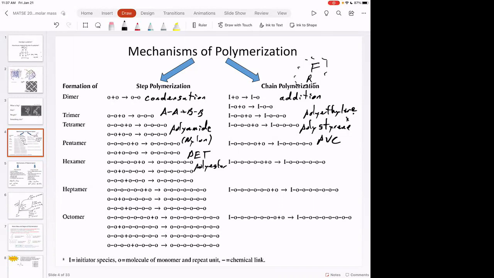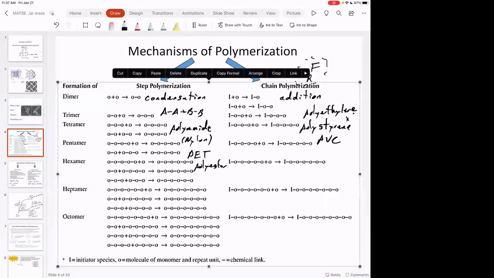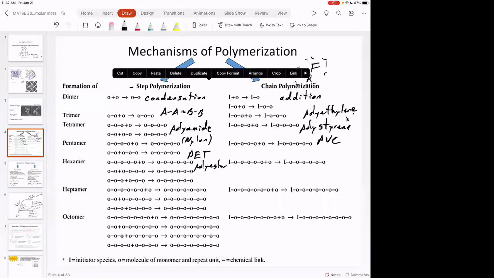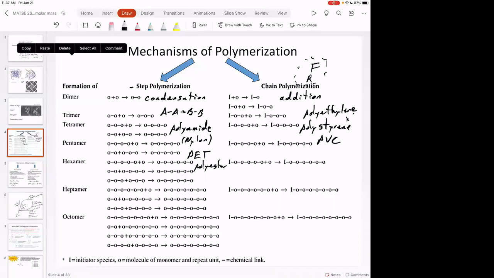You need to figure that out. It's really easy to see double bonds, and you never open a double bond in step polymerization. So all the step polymerization monomers that we'll talk about don't have obvious carbon-carbon double bonds in them that you have to figure out what to do with. It's all going to be functional groups in organic chemistry.